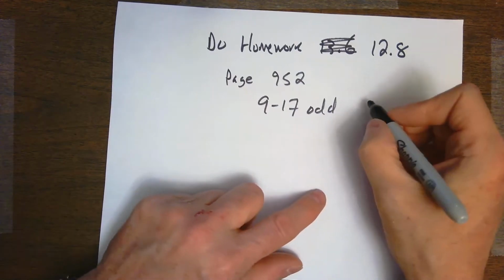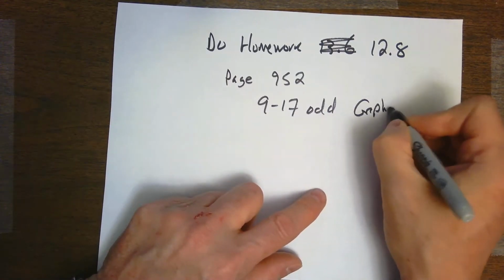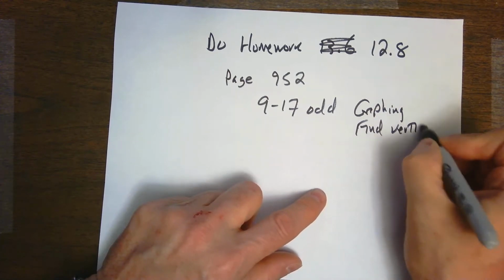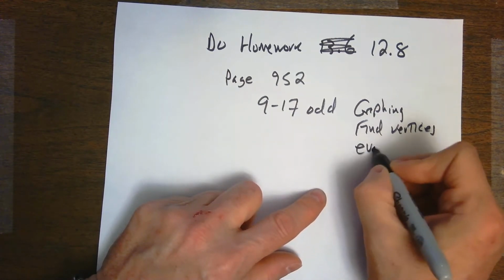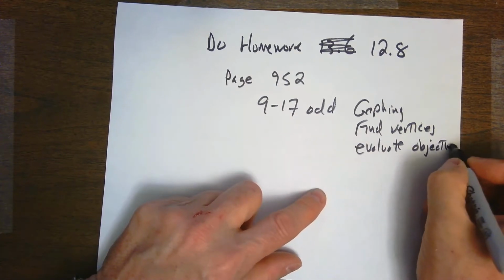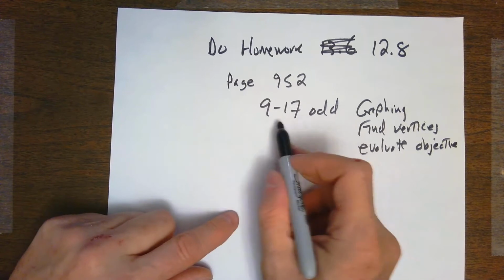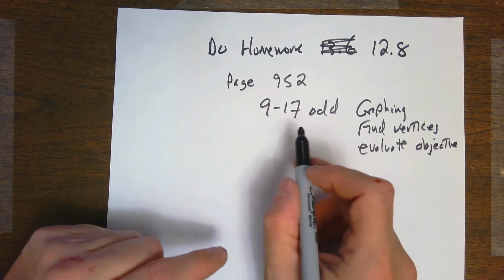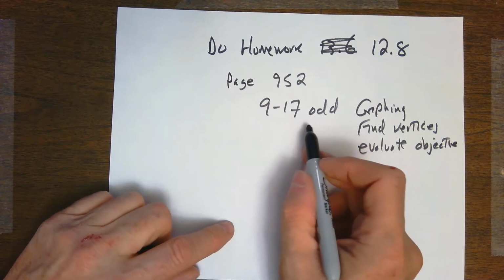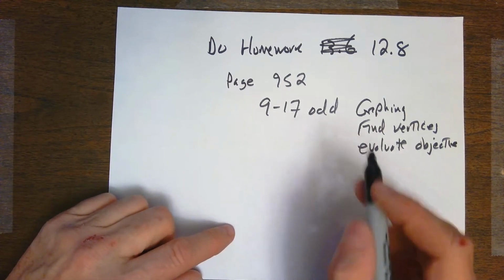And these are just graphing, find vertices, and evaluate in the objective function. These are the type 1 problems. And these, if you make a nice graph, finding the vertices is actually pretty easy. You can read them right off your graph if you make a nice graph.